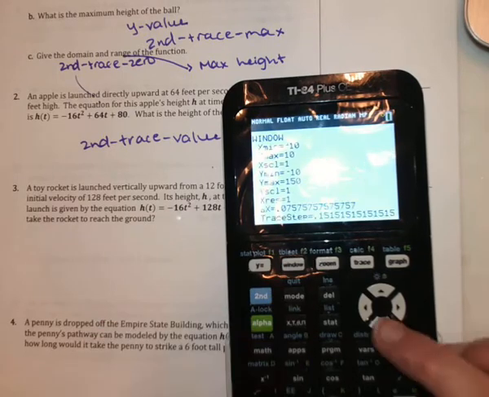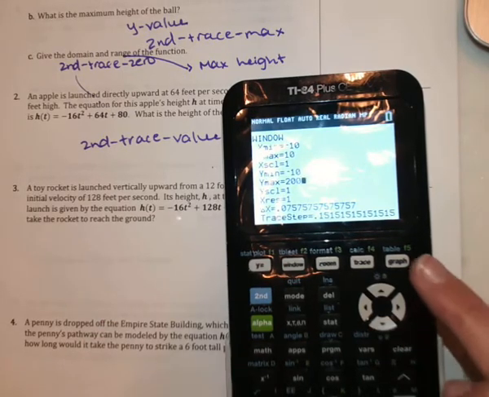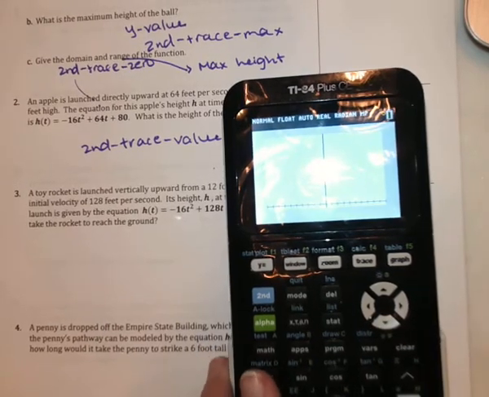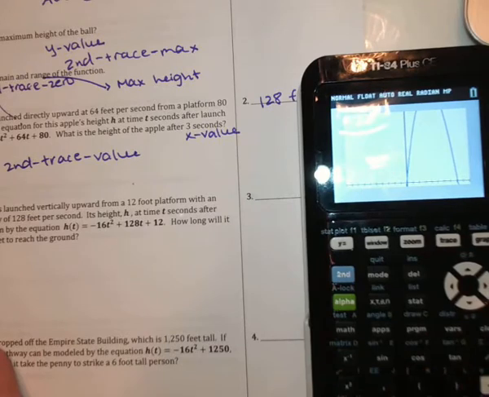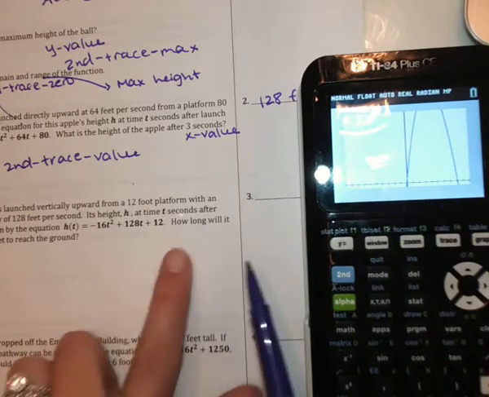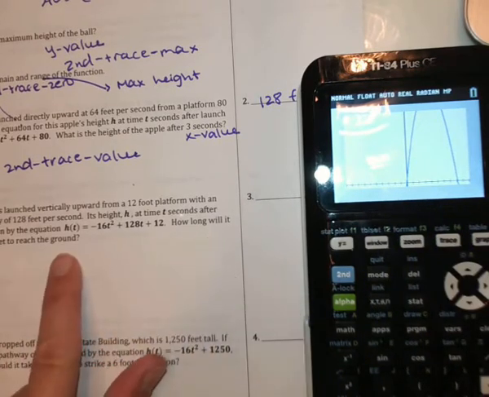So press window, go to your maximum, let's change that to positive 200. Actually, we don't even need to see the top of the graph for this one, so I'm going to stop guessing and checking for that. It says how long will it take the rocket to reach the ground. The ground is where it hits the x-axis.